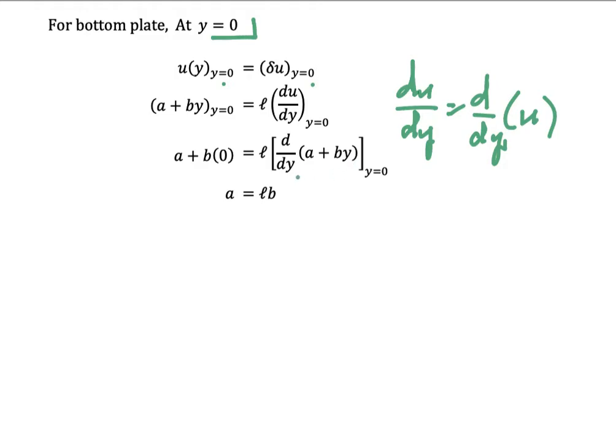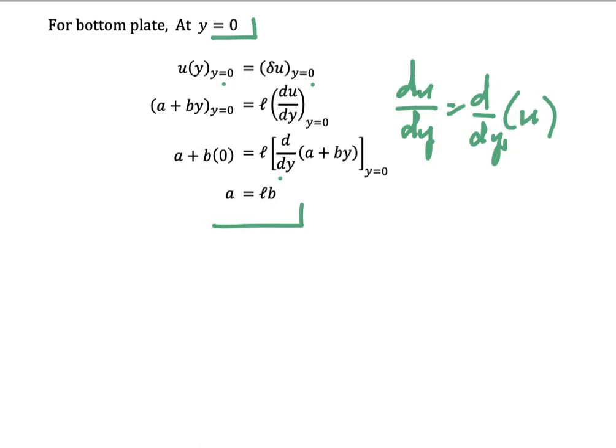First we need to differentiate it, so you have a y plus b y squared over 2. Then we substitute the value of y equal to 0, and then we could get it equal to L b y squared. I hope you could get this.